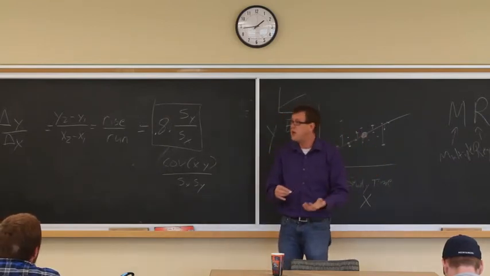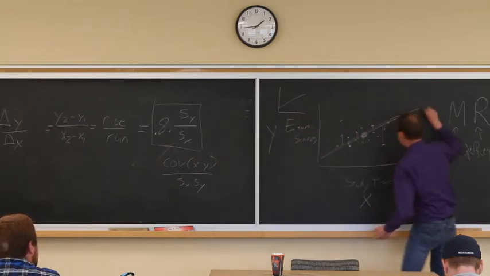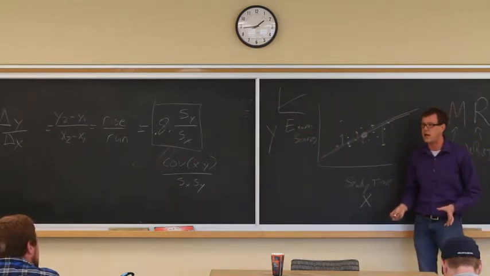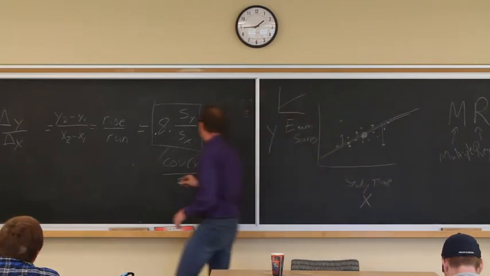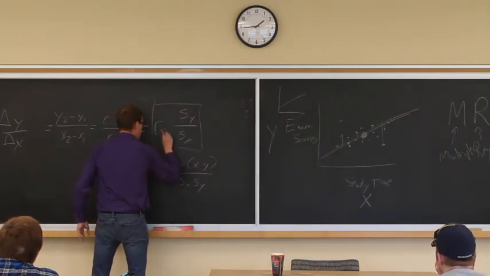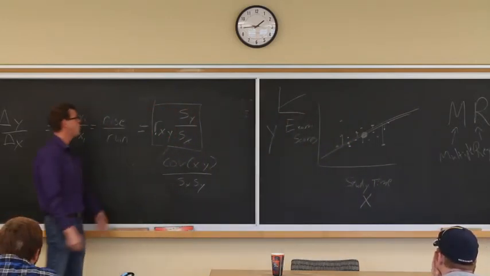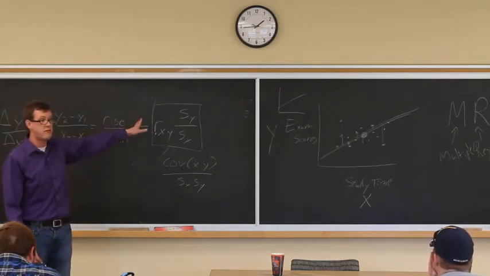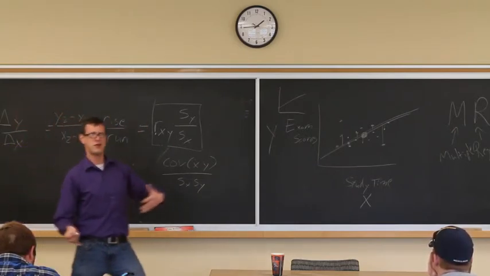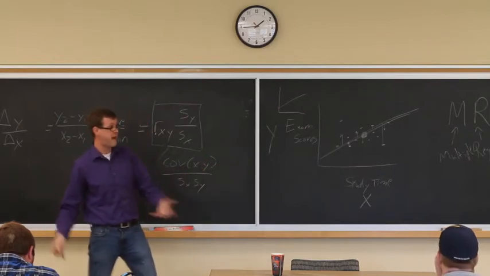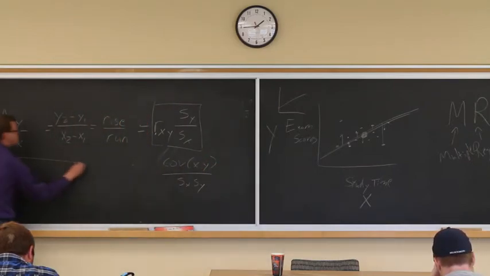A regression is the process of coming up with this line that best fits the data. Now the slope of this line is the correlation of x and y times the standard deviation of y over the standard deviation of x, or some type of average change in y over some type of average change in x, which is just like all these other formulas for the mean.